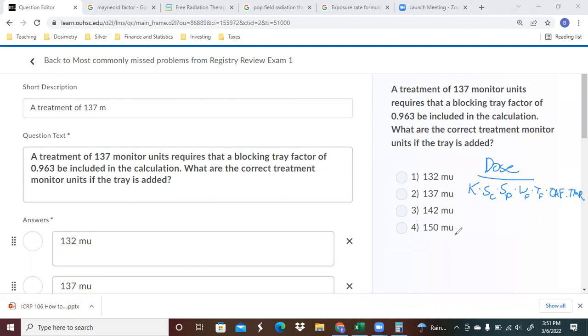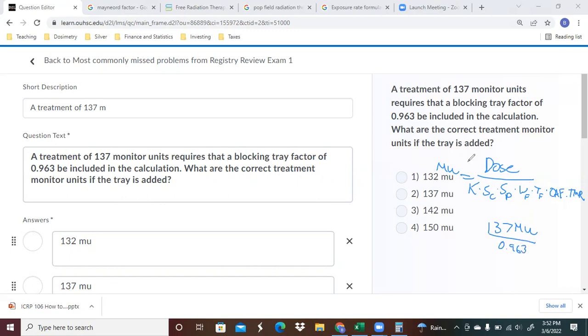So in this particular case, we've got our monitor unit calculation here, and all of these other factors have already been decided, except now we have to include a 0.963. Since this has not yet been included in the calculation, and it should have been, we're going to take 137 MU and divide it by 0.963.